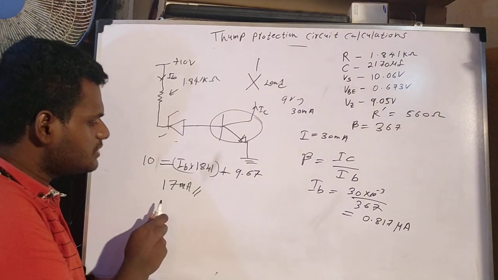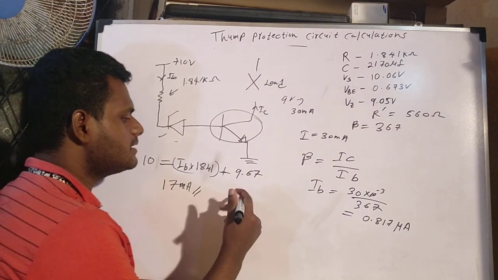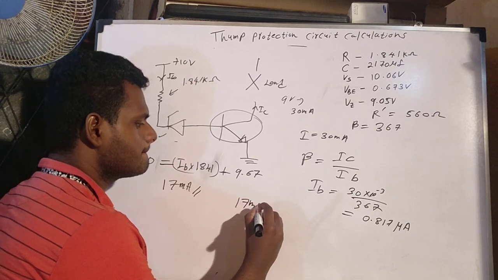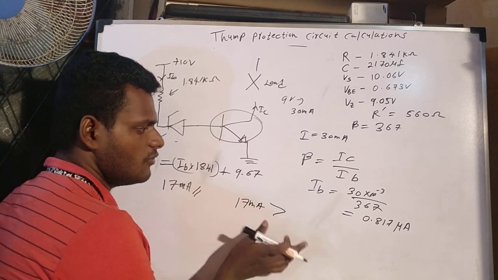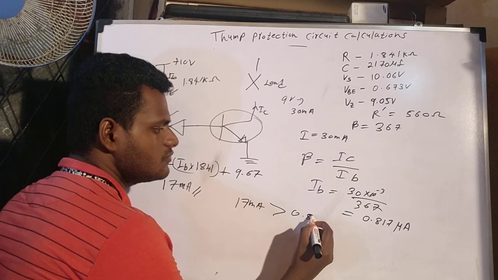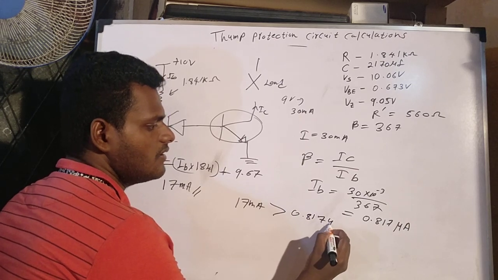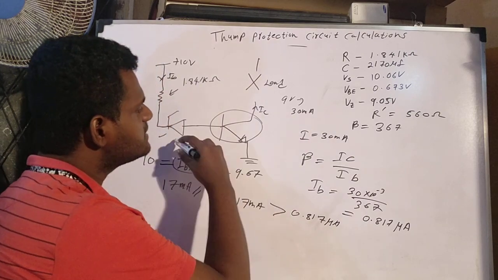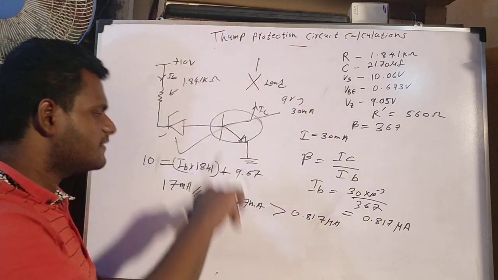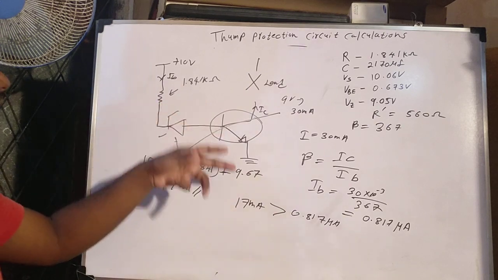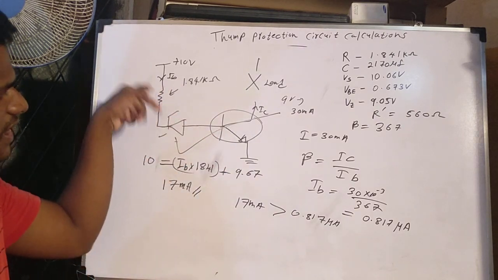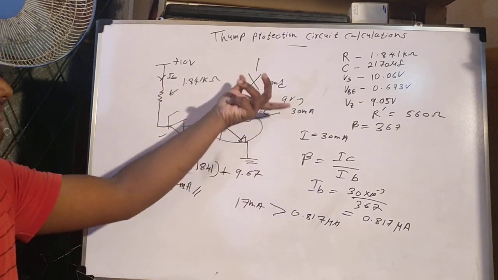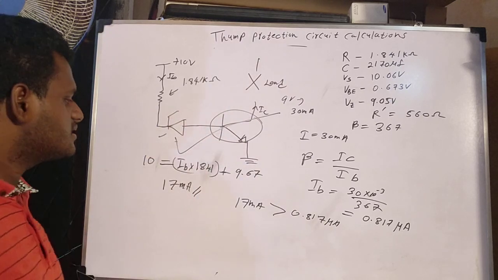So according to here, 17 milliamperes is more than the required microamperes. So what is that? The circuit is working perfectly, no problem. The current flowing to the base can make that much current.